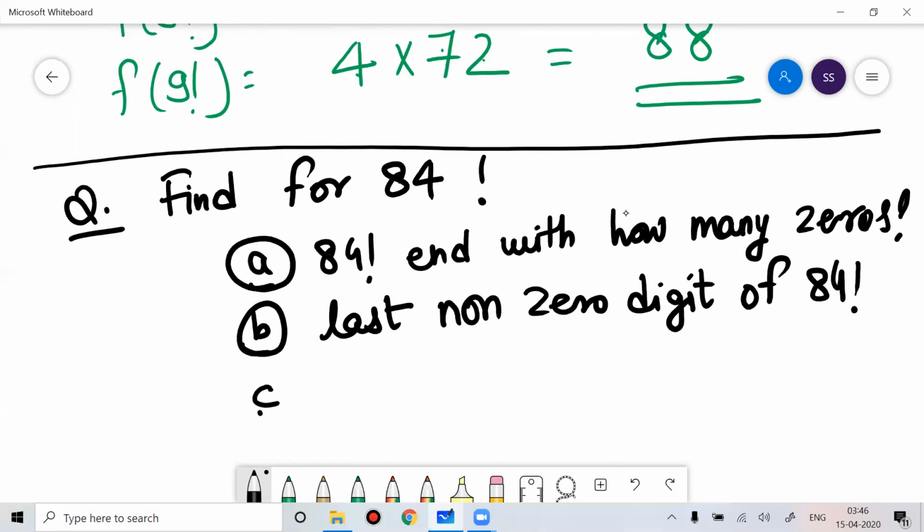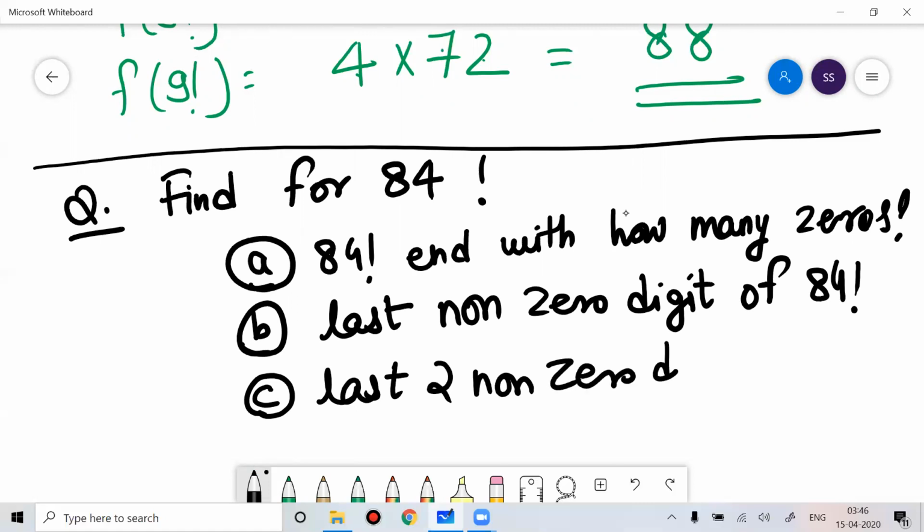Then the third question, find the last two non-zero digits of 84 factorial. It's a kind of revision for all of the people. Many people don't know how to find how many zeros 84 factorial ends with. For those who don't know, it would be good learning, and for those who know, it would be revision.